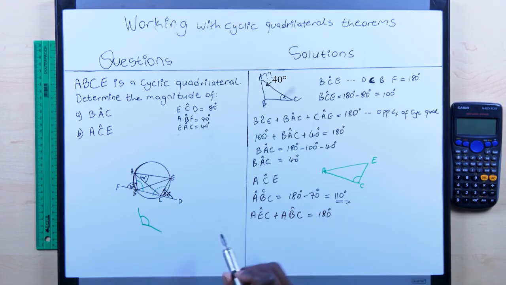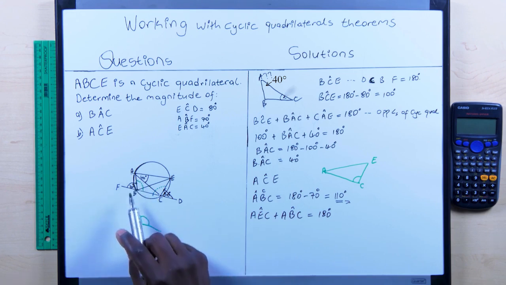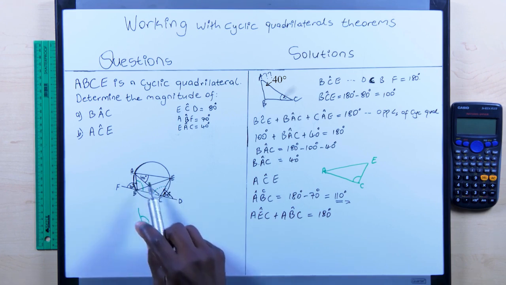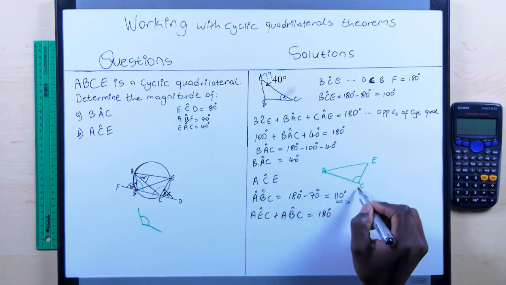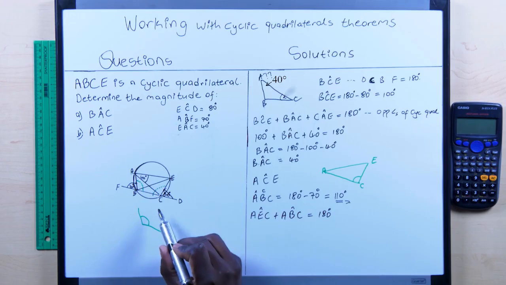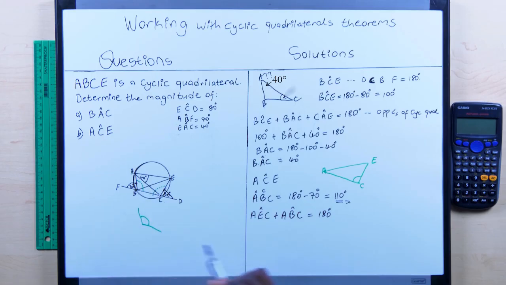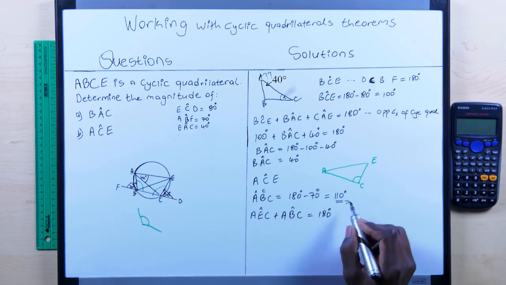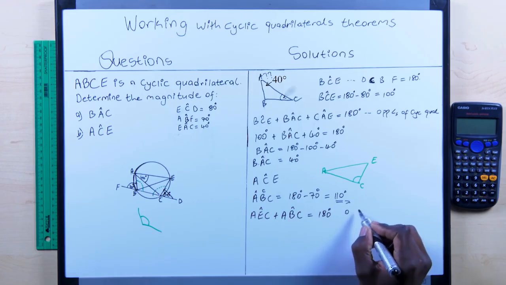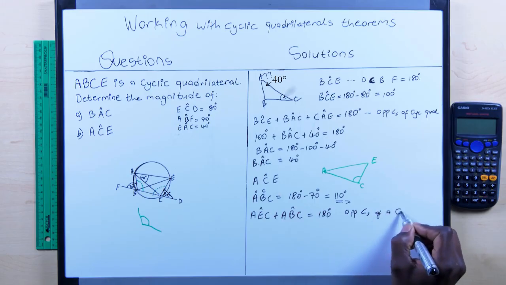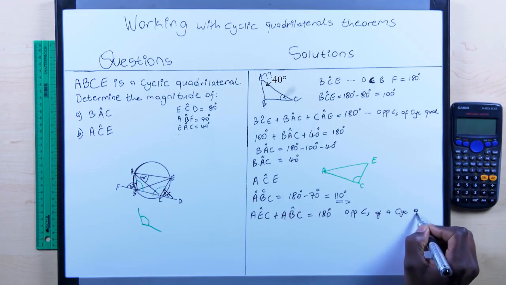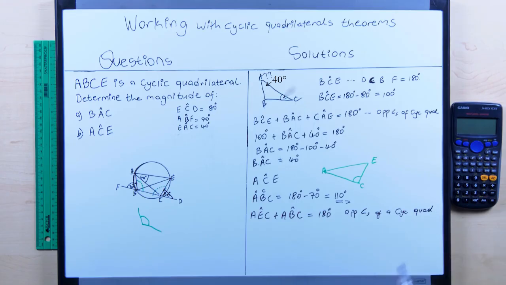Why is this so? So we're looking at angle AEC, which is what we want. AEC plus ABC should be equal to 180 degrees. What's the reason for that? Opposite angles of a cyclic quadrilateral. That's the reason for that.